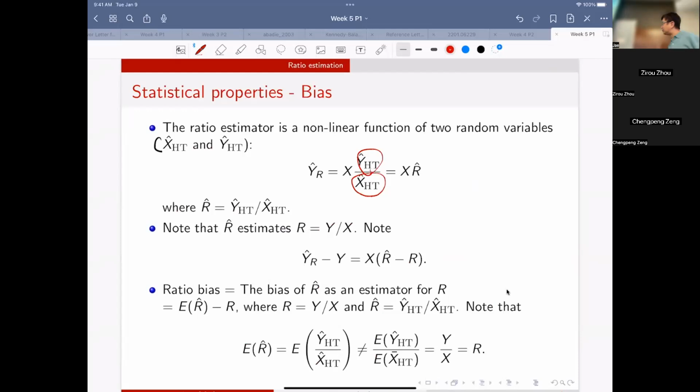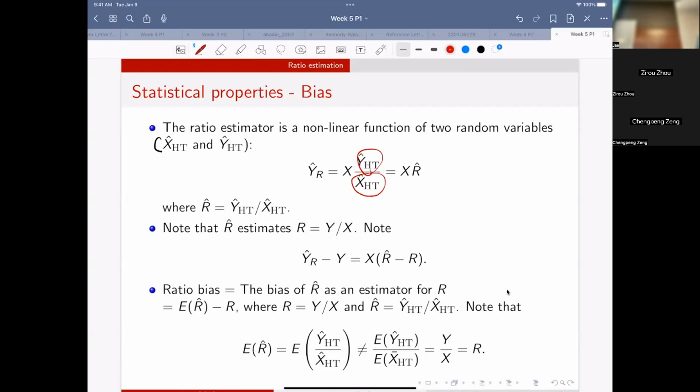The bias of the ratio estimator is so important that it has a name. It's called ratio bias: the bias of R hat as an estimator for R, which is the expectation of R hat minus R. Why does ratio bias exist?